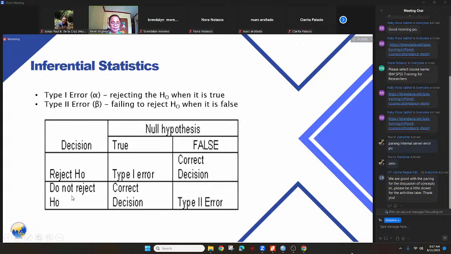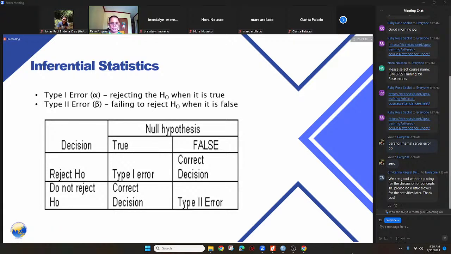And then you accept, or you do not reject, instead of failing to reject, other authors would prefer to use do not reject. So when you do not reject H0 when it is true, of course it is a correct decision because it should not be rejected.